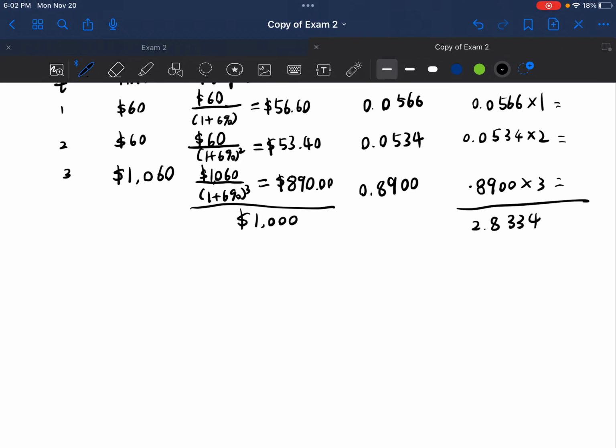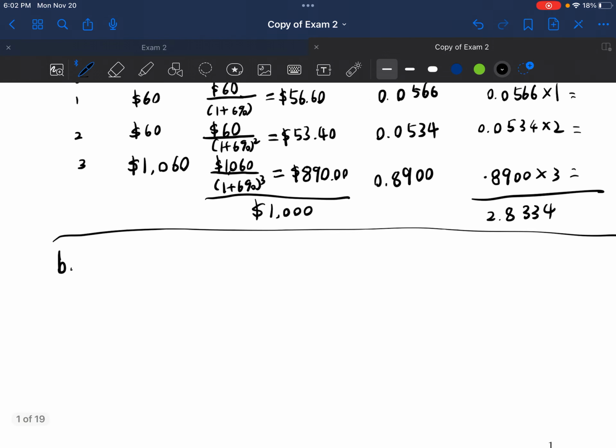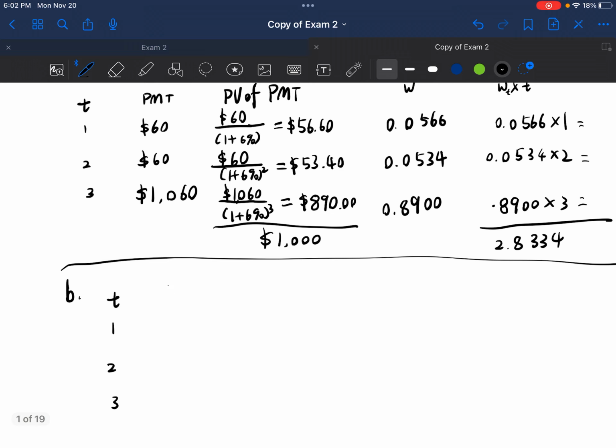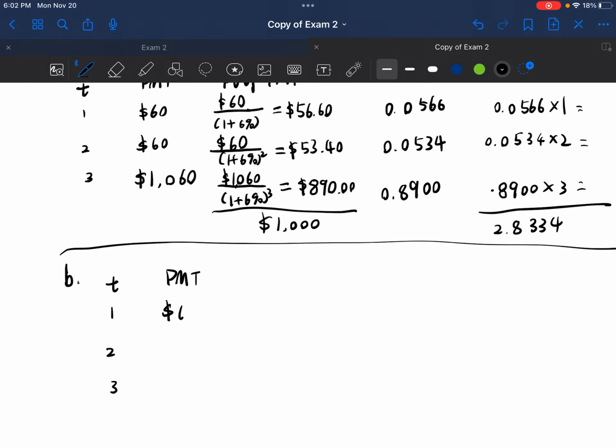Okay, as I mentioned, next is part B. Other things stay the same because your coupon rate didn't change. The only thing changed is the yield to maturity. So your payments won't change because the coupon rate did not change.